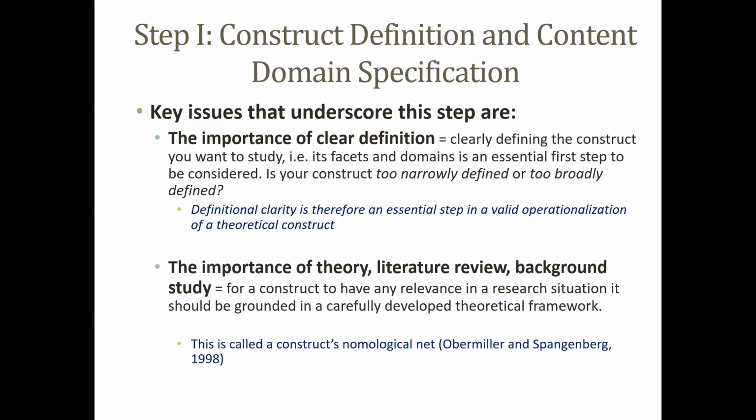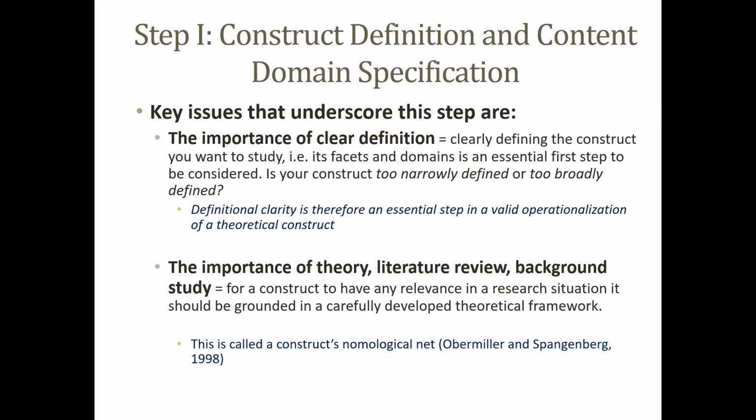So if you are defining beauty in your research, you must communicate clearly what your intents are in studying the concept beauty, and what the boundaries are when we are defining beauty in the context of your study.